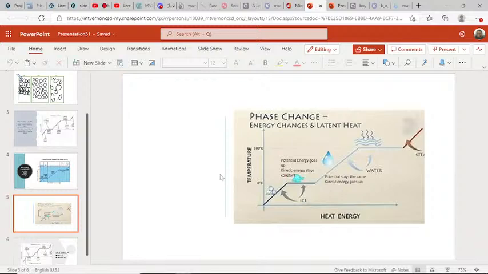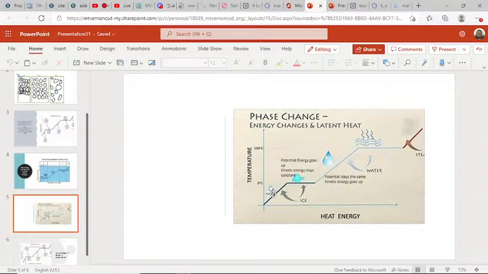So now, this is with water again, and we're talking about potential energy and all that stuff. We talk about how the slopes would be the states, and then the straight lines would be when it's changing phases.